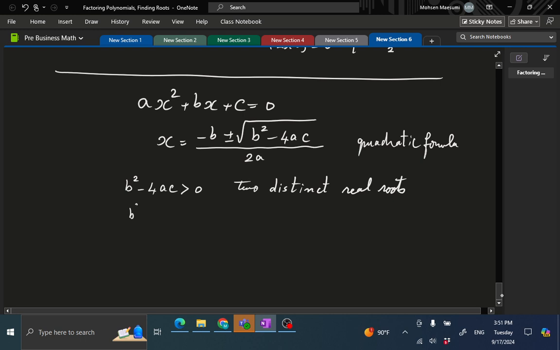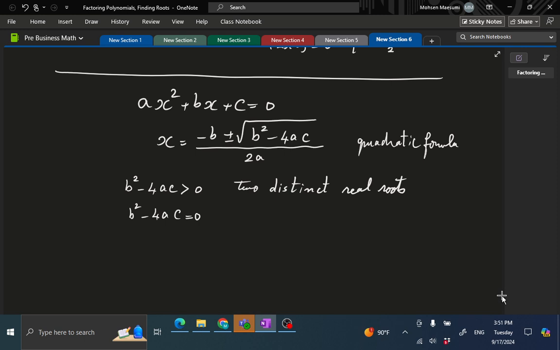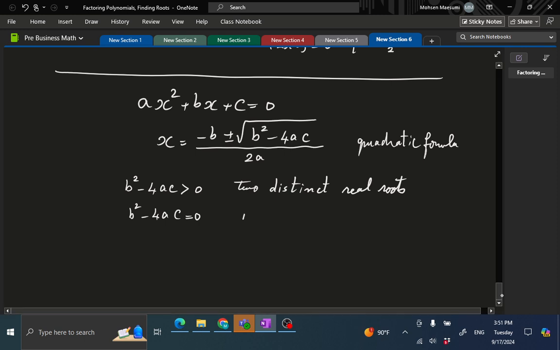If b squared minus 4ac happens to be 0, this radical becomes 0. Both roots are minus b over 2a. That's a case of identical roots, or twin roots, or root of multiplicity 2.